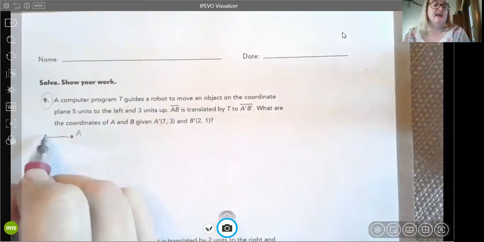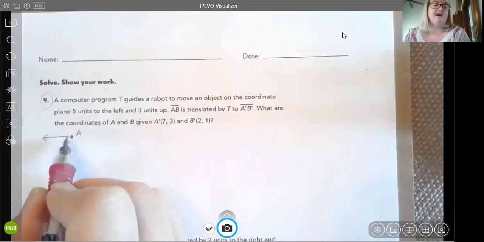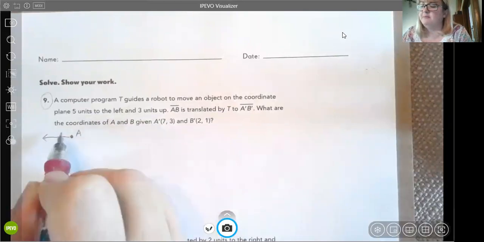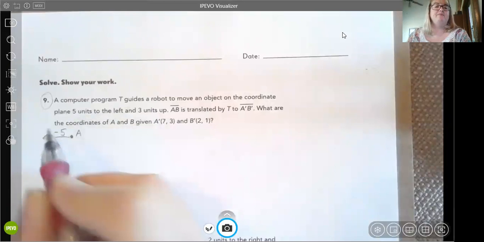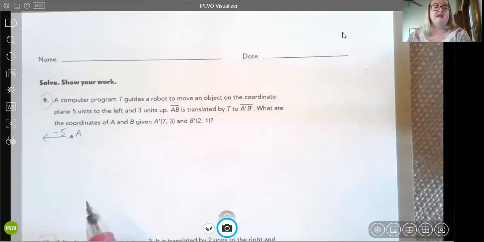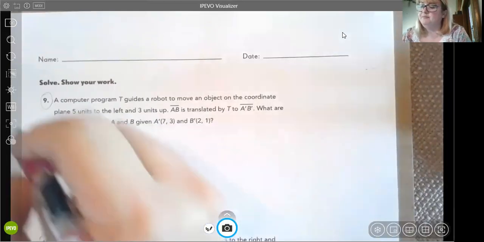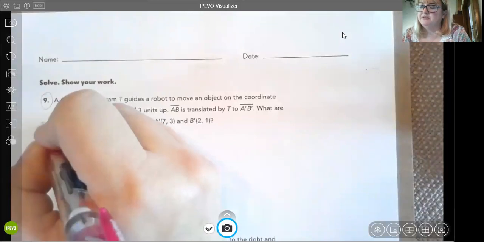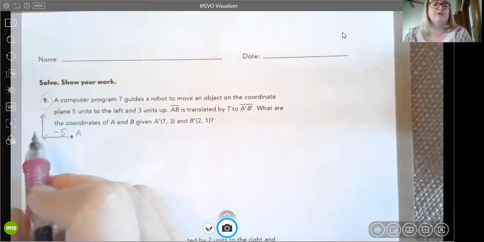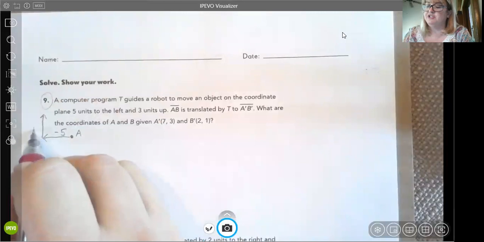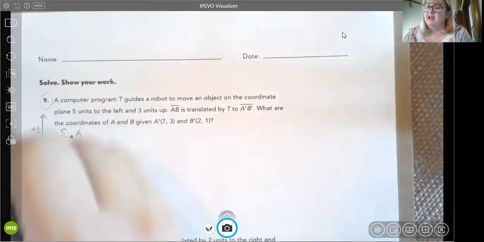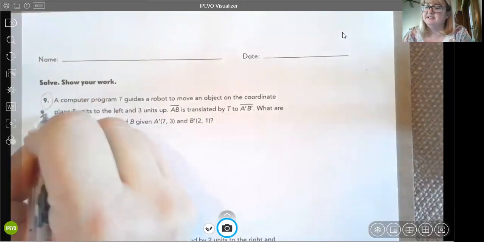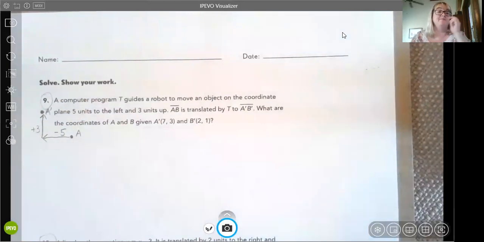So if we're going to the left, we're moving this way 5 units, and that would be a -5 situation. And then 3 units up. If we're going up, that's an adding situation. So we're adding 3. And then this is A prime, okay?